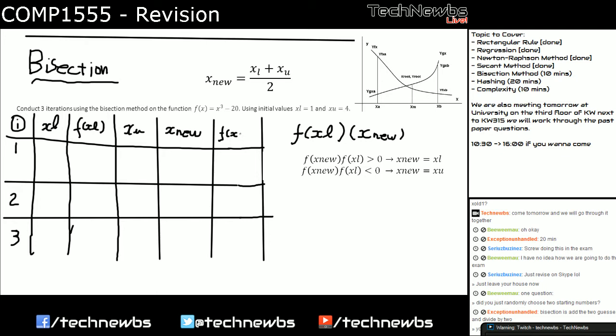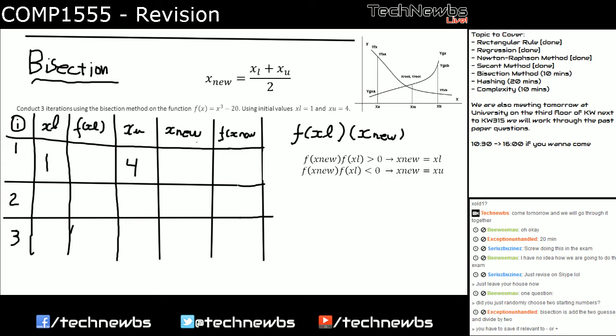So for xl we start with 1 and xu is 4. Since I'm not going to need the function of xu, I'm not going to put it on the actual table. That's what I mean.